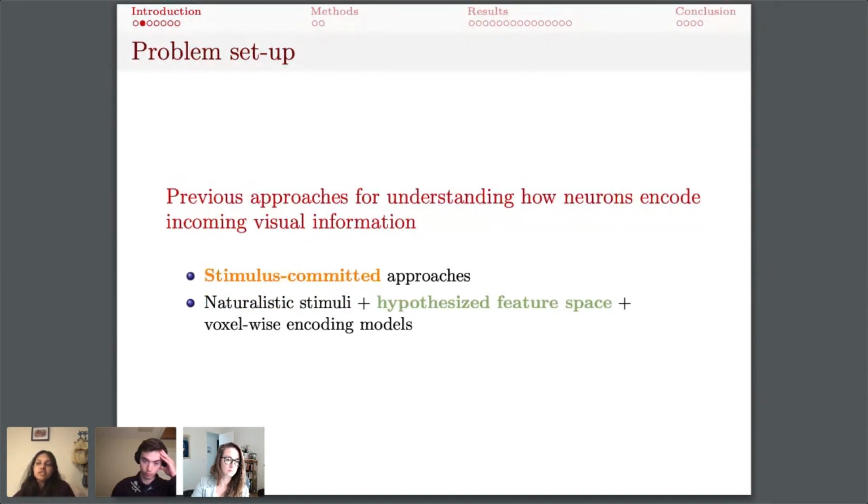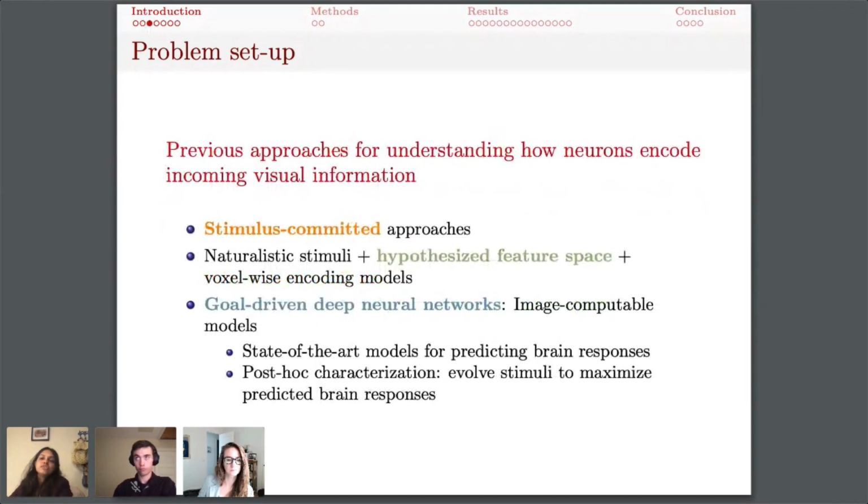An important feature of this approach is the use of naturalistic images and videos to drive activity in the visual cortex, followed by the use of encoding models, each embodying its own hypothesized response function. For example, a low-level Gabor wavelet model versus a semantic encoding model to test different hypotheses about neuronal tuning axes. Most recently, researchers have relied on the success of deep learning for extracting stimulus features to build encoding models.